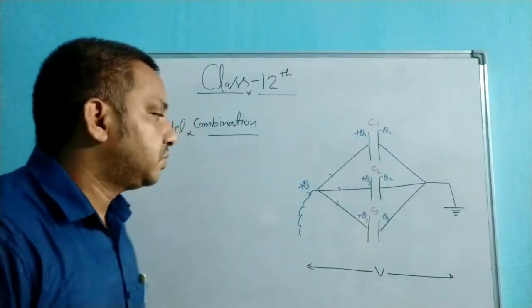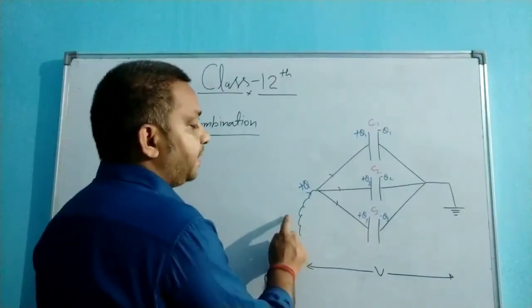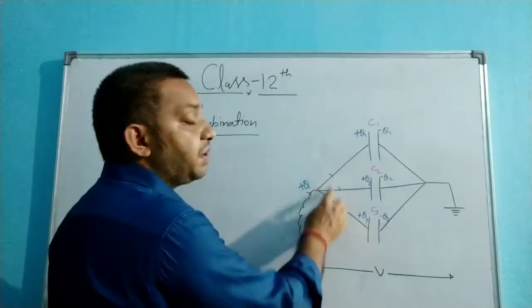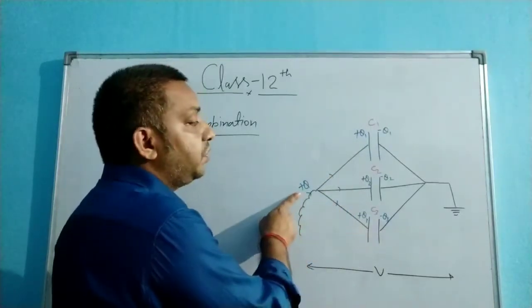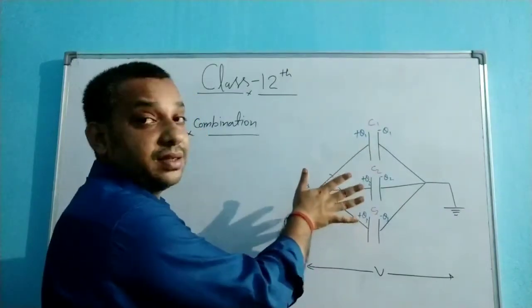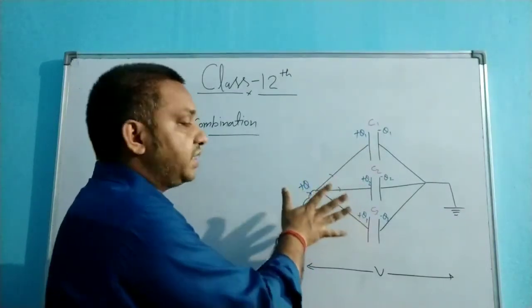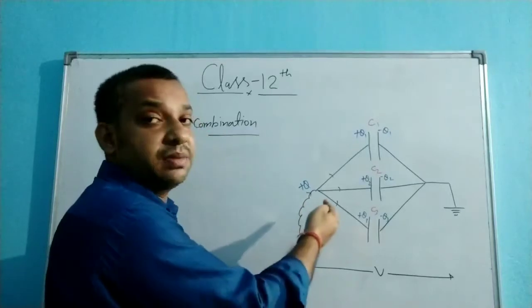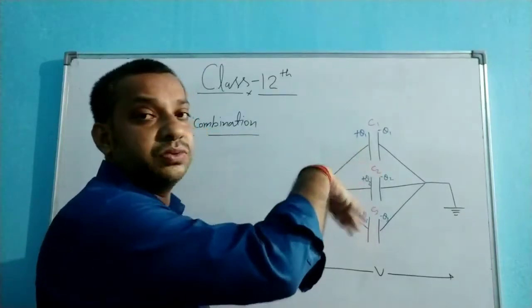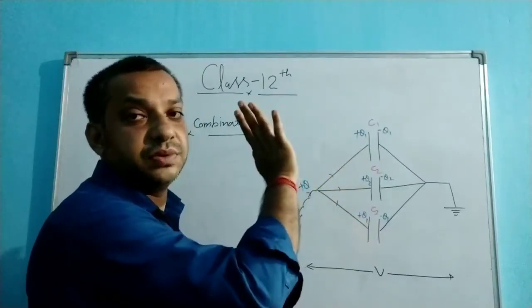Because of this potential difference, the charge will start to flow from this point, and because 3 branches are there, this total charge Q supplied by the source is divided into 3 arms. According to their capacity, the charges will distribute.